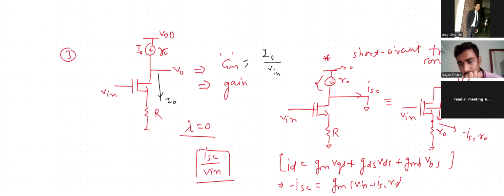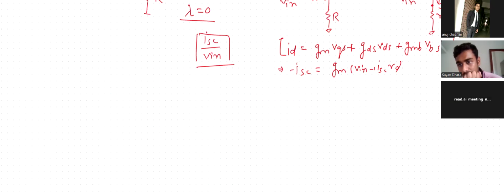When we directly define this for any transistor, let's say a simple transistor, we know the transconductance is GM only. How does it come? We simply apply the same concept.